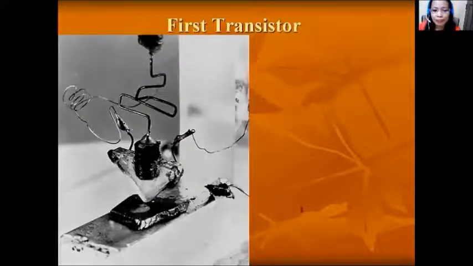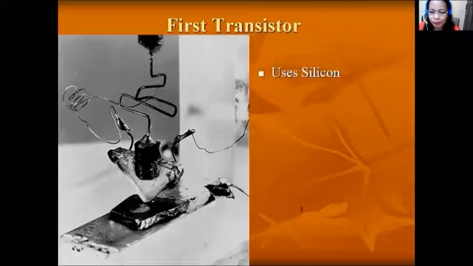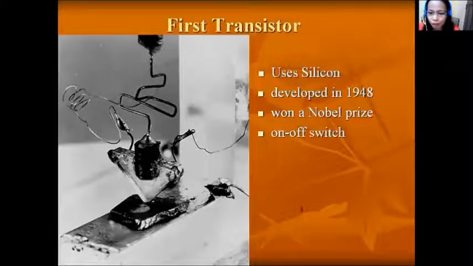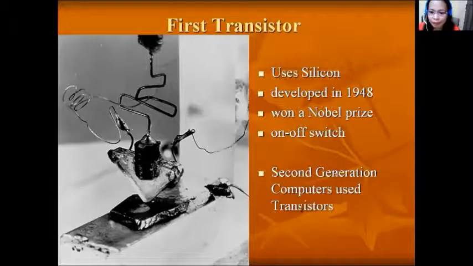Okay? So next is the first transistor. It uses silicon, developed in 1948, won a Nobel Prize, an on and off switch, and second generation computers used transistors starting in 1956.